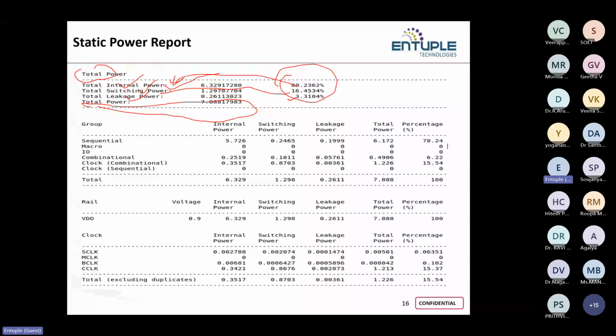Based on the share of each component, one can work on low power designs. Next you have the grouping: sequential, combinational, input, or macros type. Here, how many sequential cells are there, with each component's internal, switching, leakage, total power and percentage.